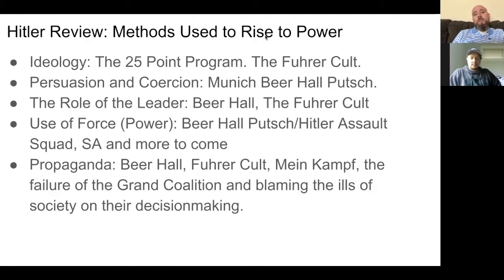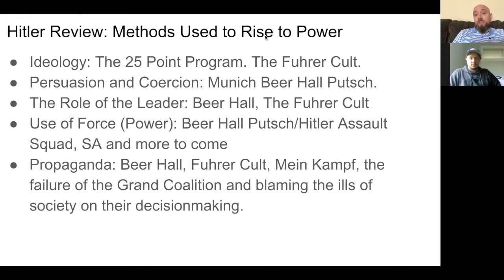We have use of force, which we know was employed in the beer hall putsch, and it was a failed use of force. There were several components embedded in the NSDAP that took this concept of force and put it into use in Germany: the Hitler Assault Squad, the SA, and more to come. Last, certainly not least, is propaganda. We had a good discussion on propaganda in our last episode.